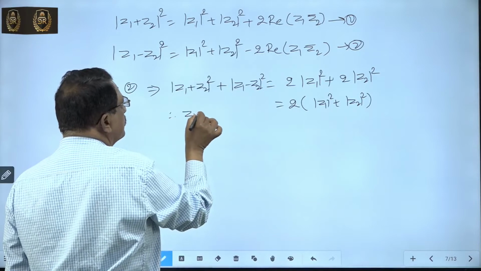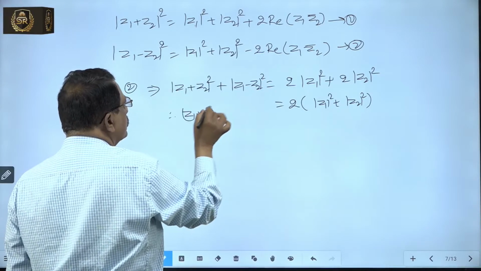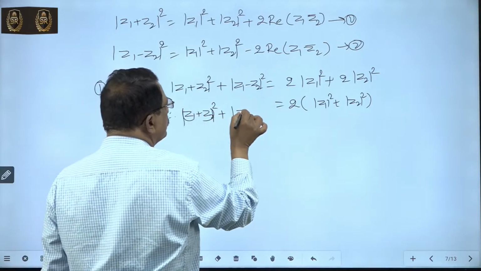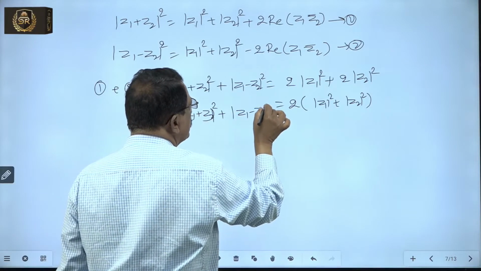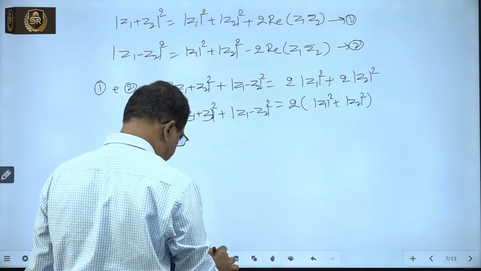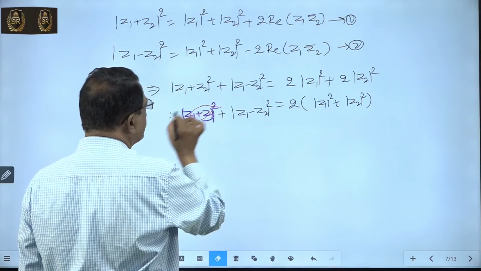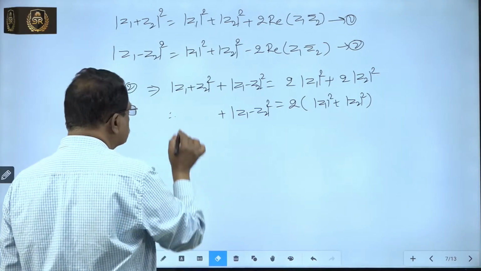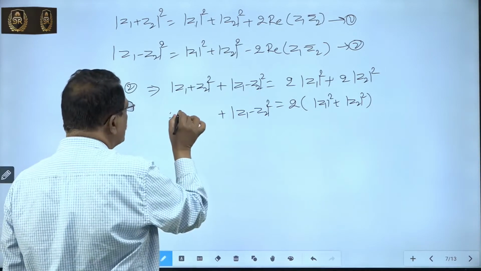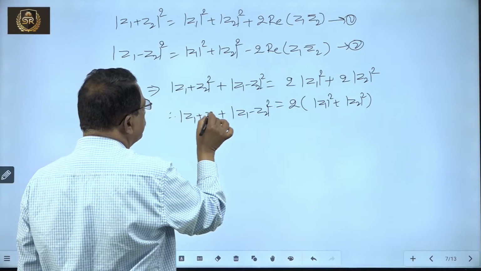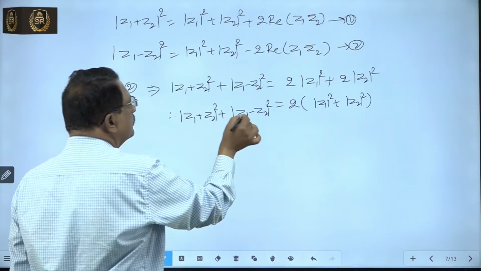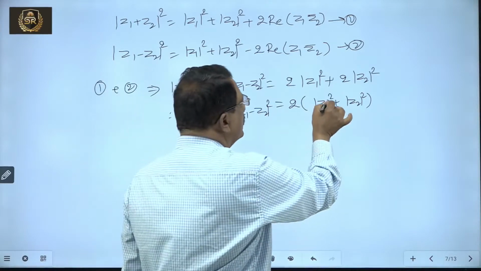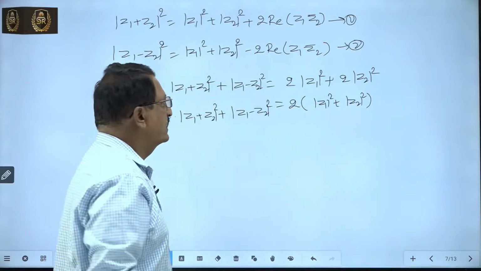Therefore, mod of Z1 plus Z2 whole square plus mod of Z1 minus Z2 whole square equals 2 into mod Z1 square plus mod Z2 square.